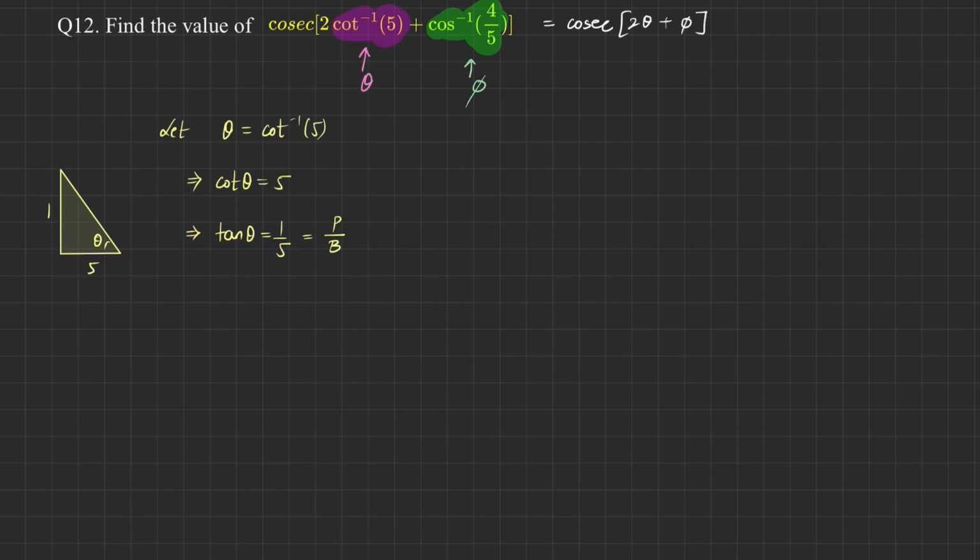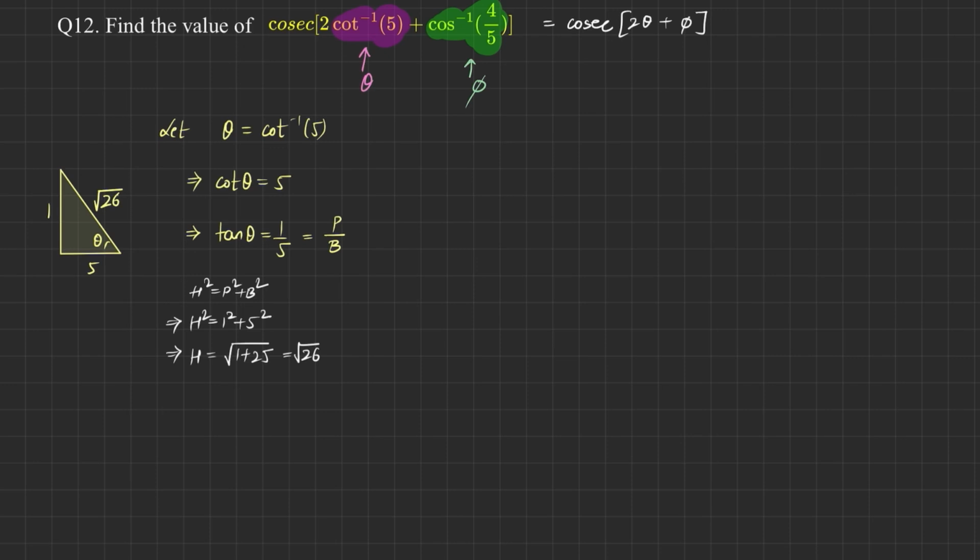By Pythagoras theorem we have h square equals p square plus b square. So h square equals 1 square plus 5 square. So h will be square root of 1 plus 25, which equals root 26. So here the hypotenuse is root 26.